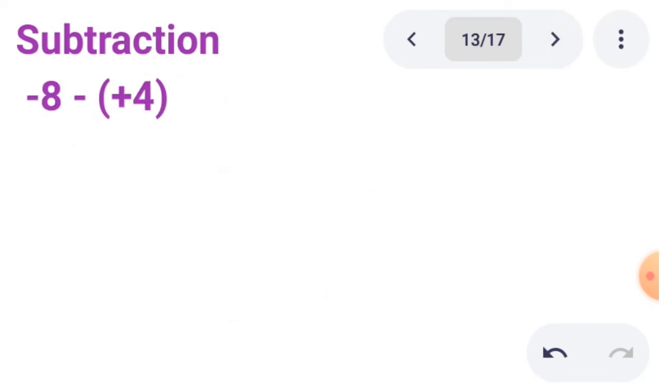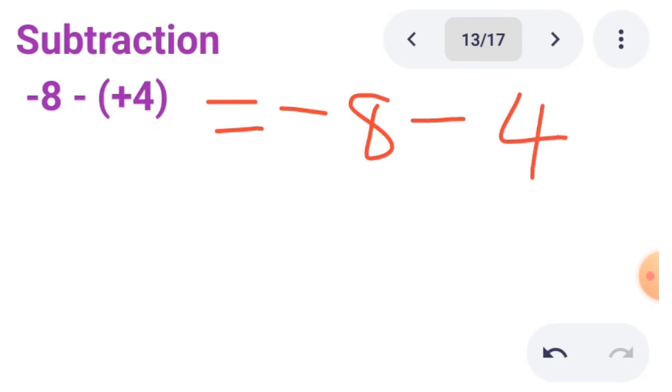Let's see another example. We want to subtract a plus 4 from a negative 8. So remember, a minus times a plus is going to give us a minus. So what we simply do is we change the sign, so we have a minus 8 minus 4.